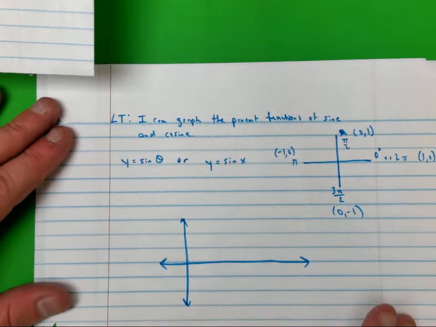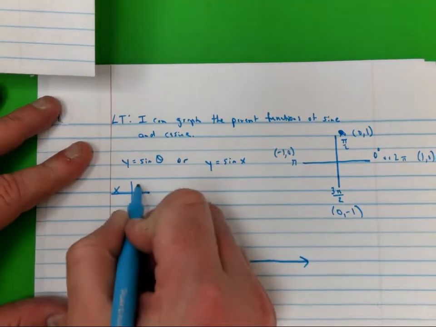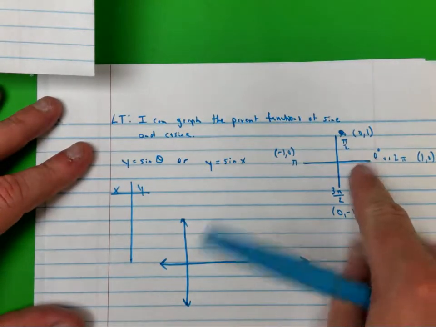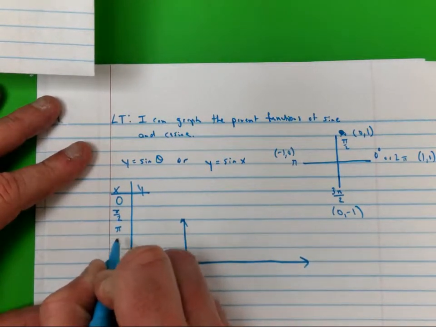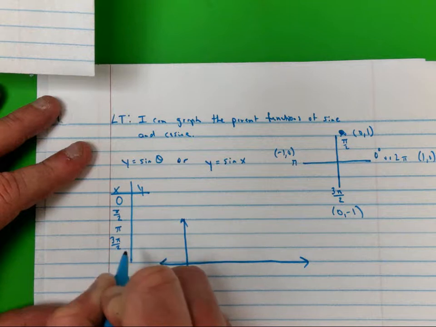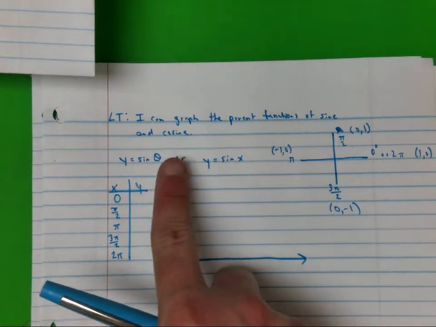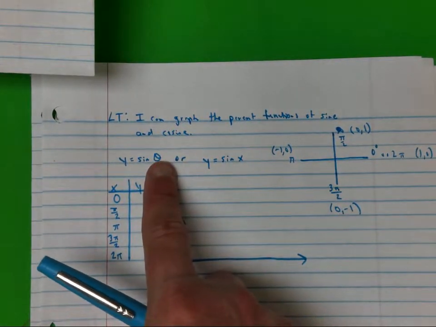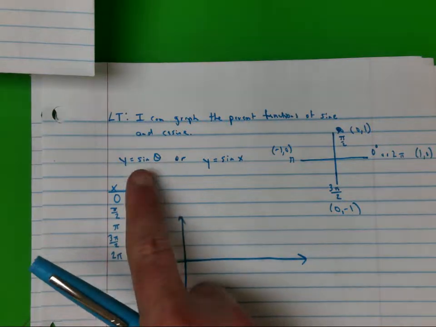I'm going to make a table of values, and the table of values are dealing with the major points: 0, pi over 2, pi, 3 pi over 2, and 2 pi. If I substitute each of these in for theta or x, this is why we do trig Tuesday, every Tuesday, because you got to know these values.